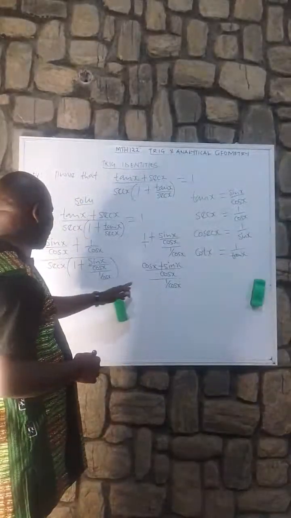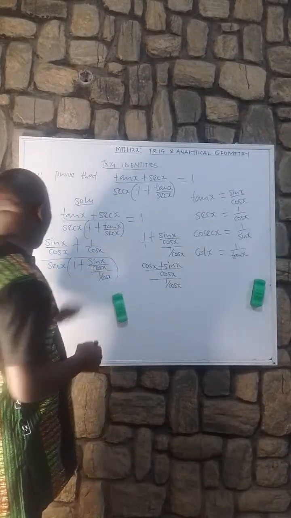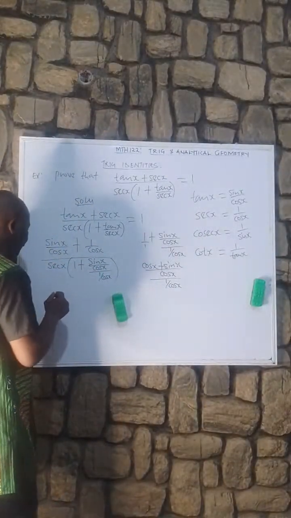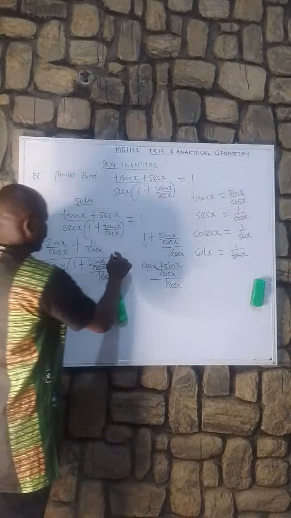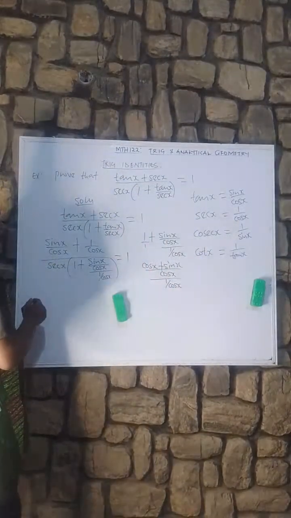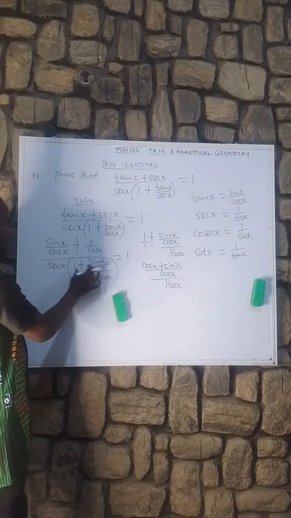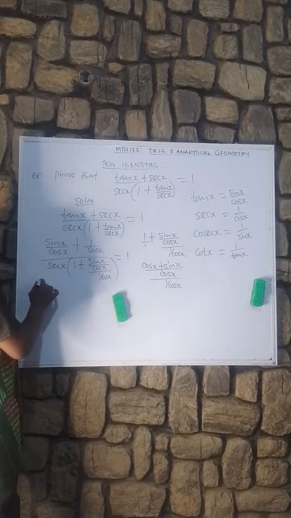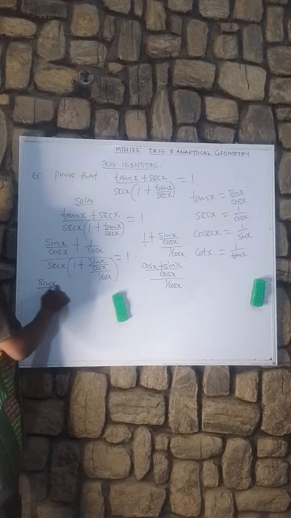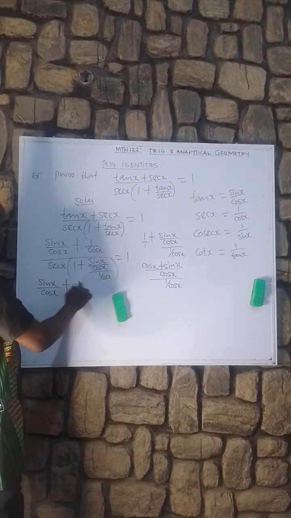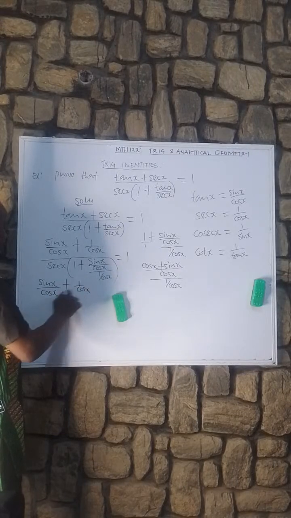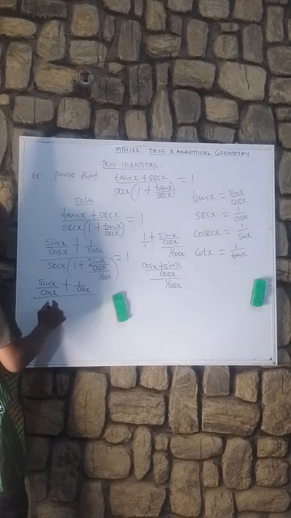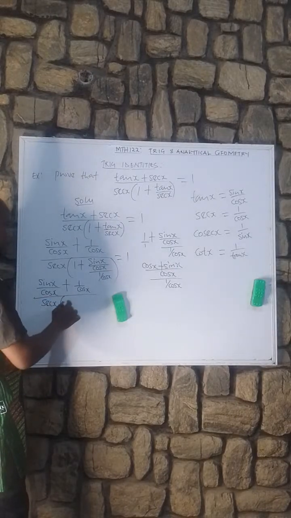So far so good. So here we are going to have, this bracket we now have sine x all over cos x plus 1 all over cos x all over sec x, open bracket.